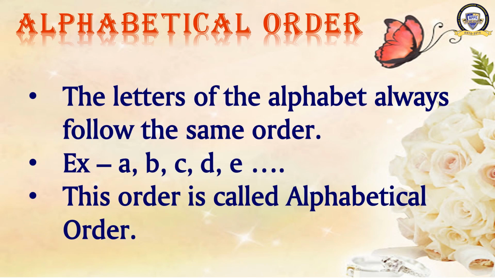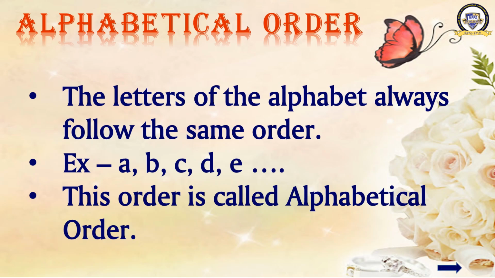And what is the order? Order is this one: A, B, C, D, E, F, G, H. In this way we write. That order is followed, and that order is called as alphabetical order. Learned it now? Okay, now we will learn more about it.